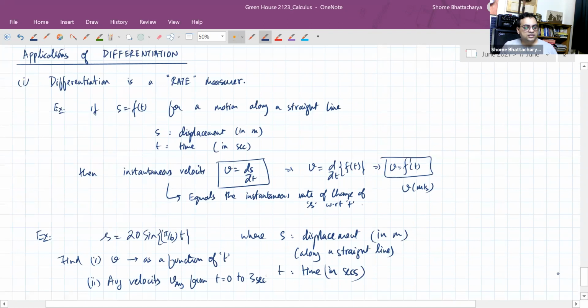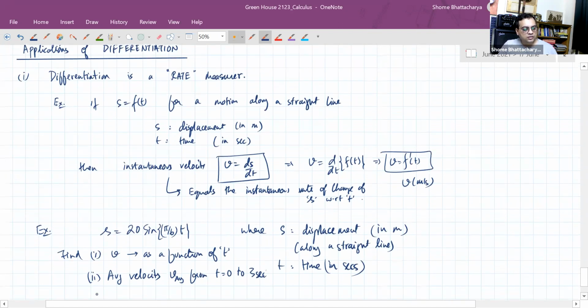And then we want to find instantaneous velocity at a particular instant of time. We want to find v at t equal to, let's say, 2 seconds.